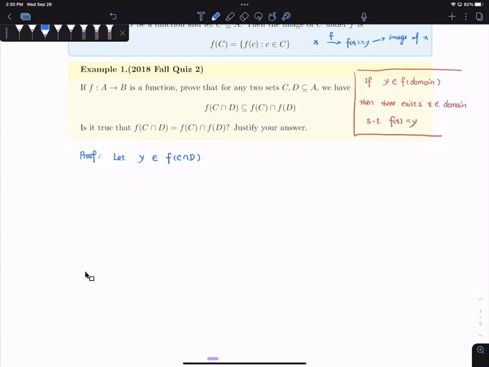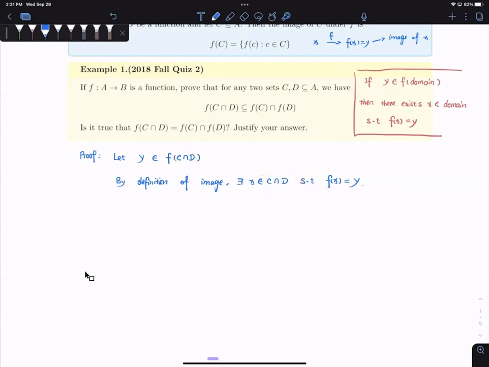So by definition of image, we know that there exists x in C intersect D such that f of x equals y. So we have x in the domain, which is what's in the bracket, such that f of x equals y. So now I know x is in this.